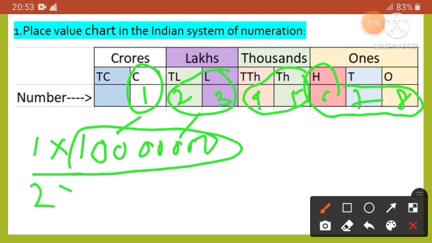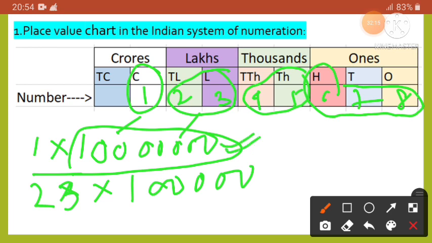Then for 2, it will not be 2 but 23, because it is 23 lakh. Lakh means it is multiplied with 1 and then 5 zeros. Then 45,000 means 45 into 1000.